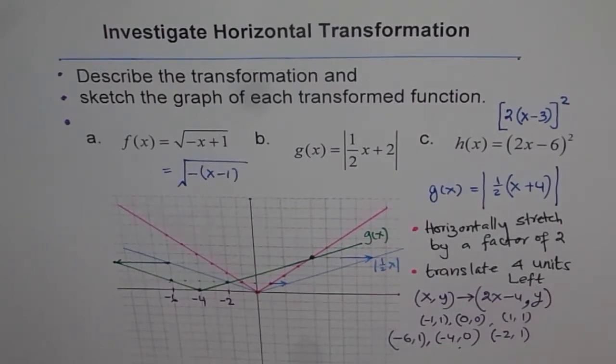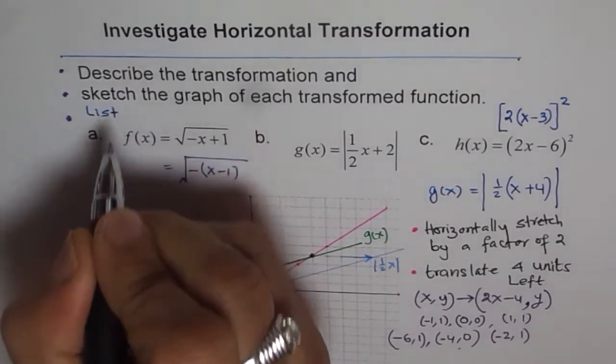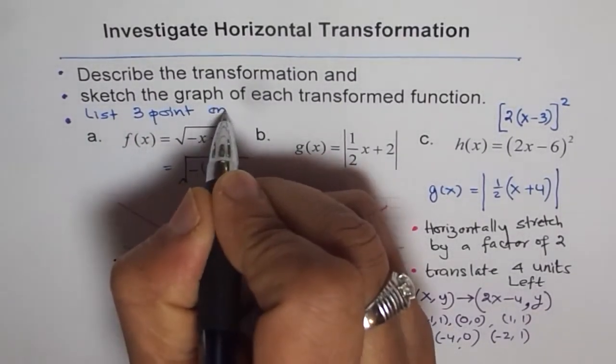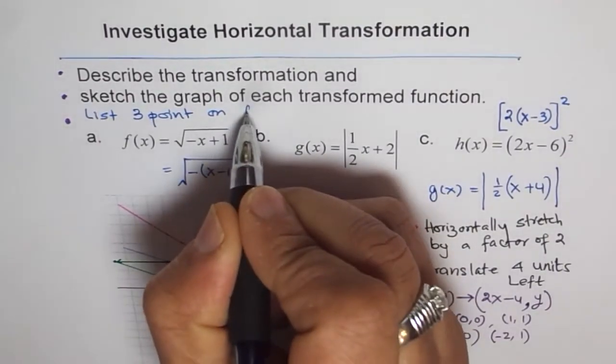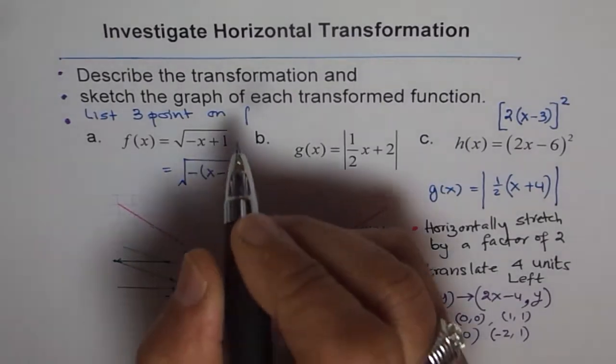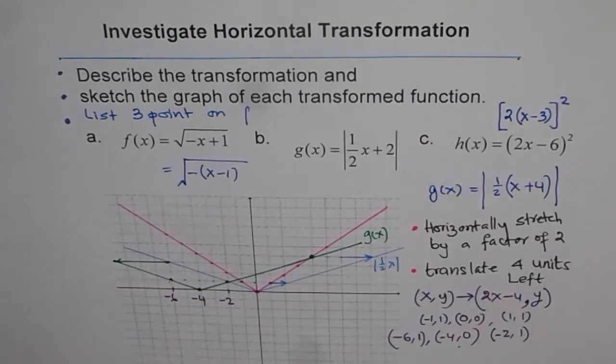Now in most of the questions, you will be asked this question. That is, list 3 points on the transformed function, right? Sometimes we write transformed function or on the given function, because in this case we are given the function, or sometimes we use the term image, right?